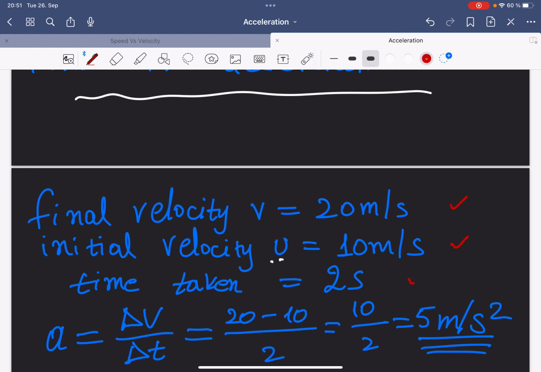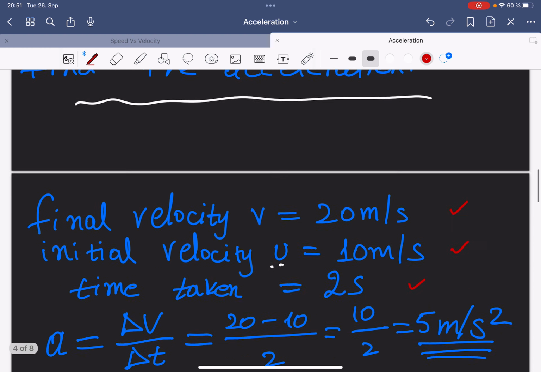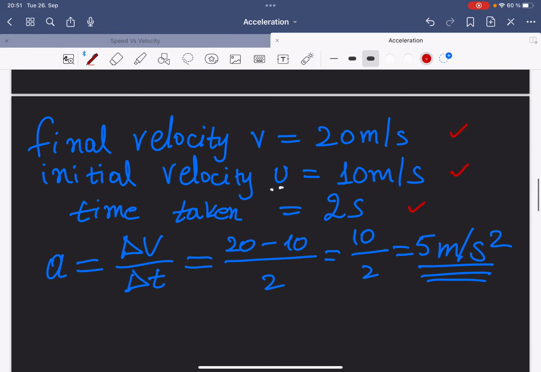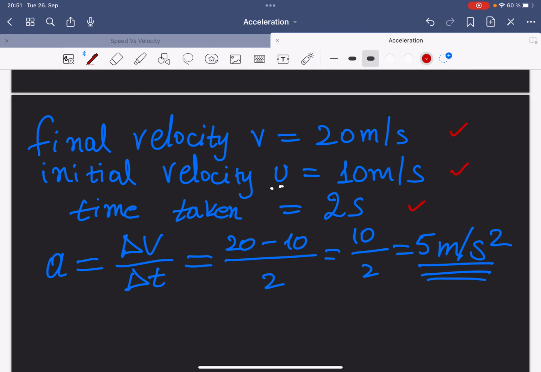The time taken is 2 seconds as it's given in the exercise. So let's calculate acceleration. Acceleration, as we said, is the change in velocity over change in time. So change in velocity is the final minus the initial one. So 20 minus 10 divided by 2, and that gives us a number of 5 meters per second squared. Never forget to include units in your answer.